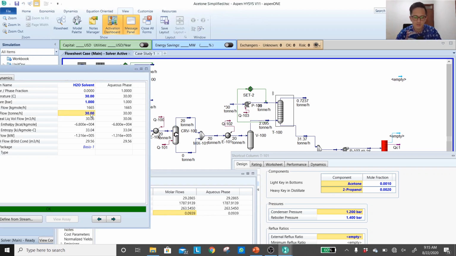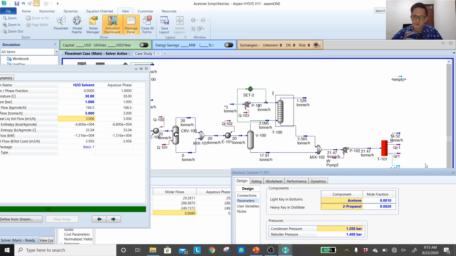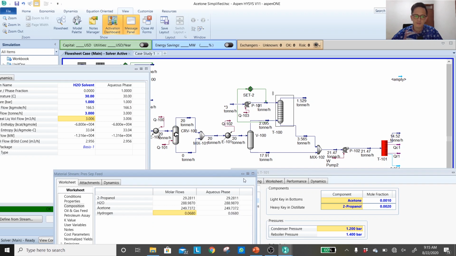Let's say we revert it back to our initial guess. So I will revert it back to 3, reduce it by an order of magnitude, and you probably notice over here that now the shortcut distillation actually can be solved.